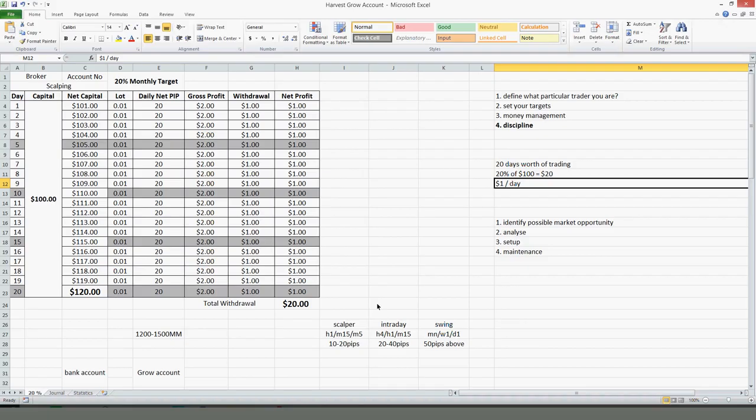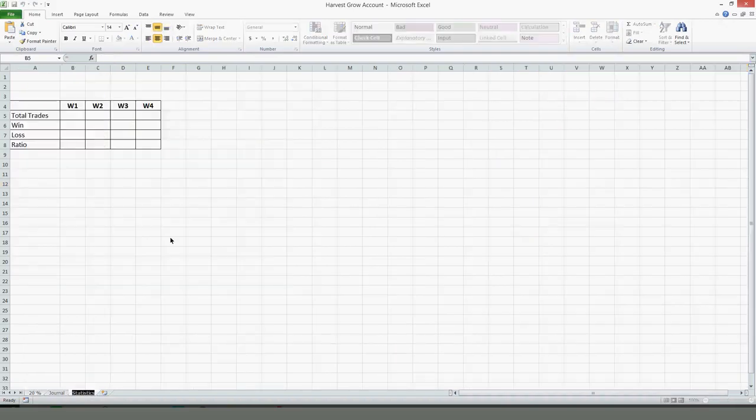Otherwise, you don't have a sense of direction of what you are trying to achieve, and at the end of the day, you lose the money that you're trying to grow. Okay, so if you have proper planning, if you have a proper set of goals, then you are much more organized and much more keen to achieve those goals if you know which direction you're going.